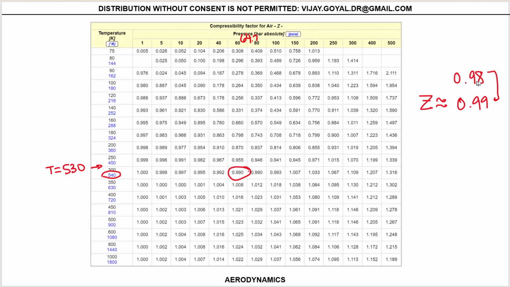You can do a linear interpolation between these numbers. And how do you do linear interpolation? You take 450, the number that you're looking for, and this is 0.990, this is 0.955, and this is the number you want.